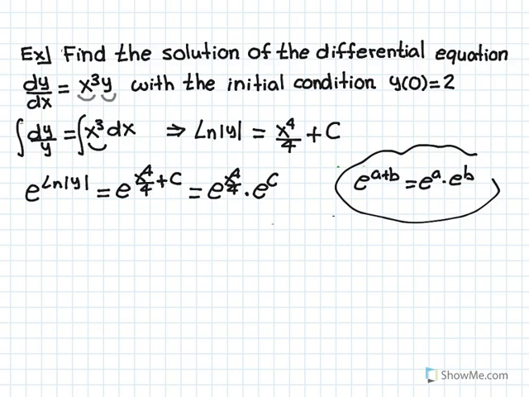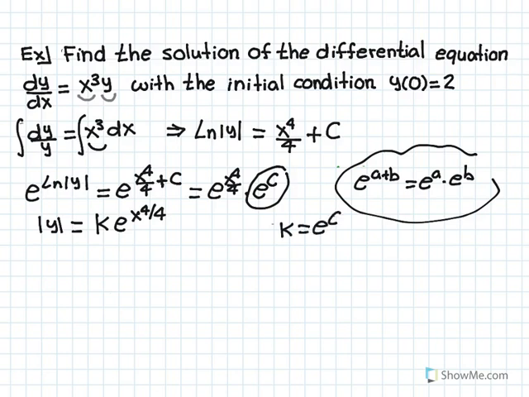So e and log cancel, and we get the absolute value of y is equal to, now let's write e to the c as another constant, let's say k. So that's k times e to the x to the 4th over 4. Let's label that k is equal to e to the c.